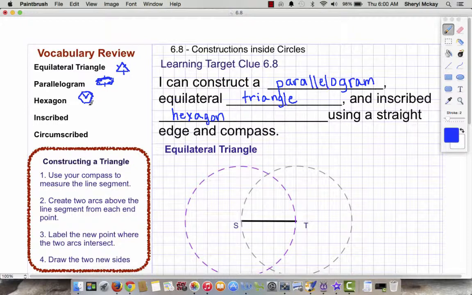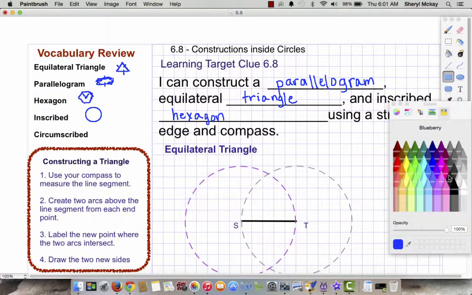Okay? The next word you may not know, and that's the word inscribed. Inscribed means that something is inside a circle. Okay? So let me see if I can make a circle. So there's a circle. Okay? And when we say something is inscribed, we say that it is inside the circle.